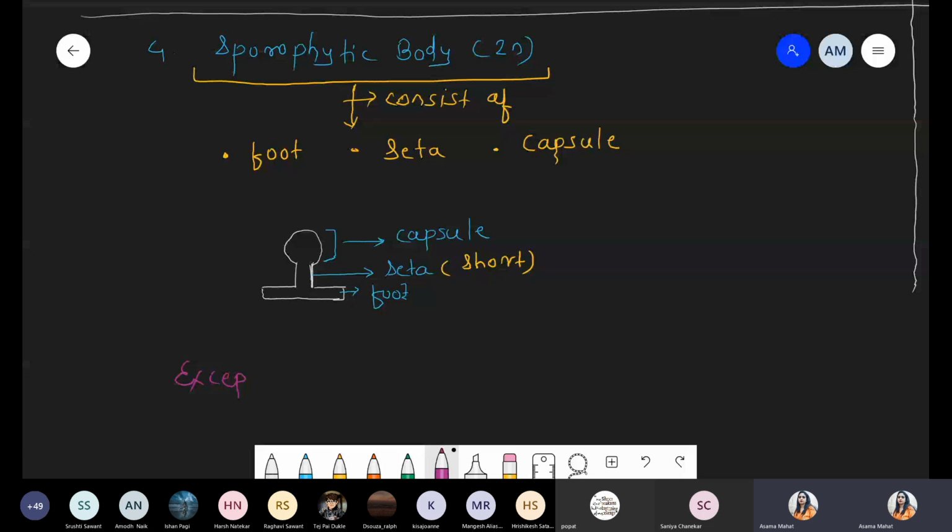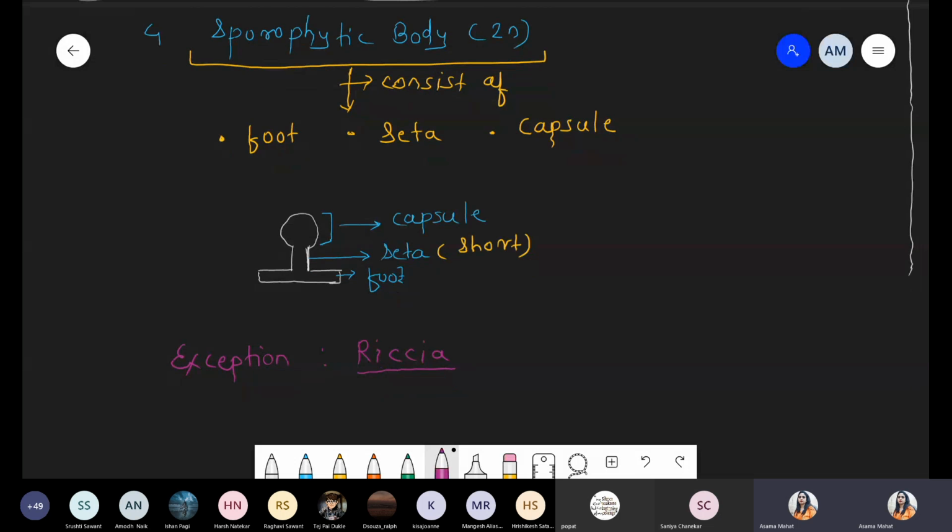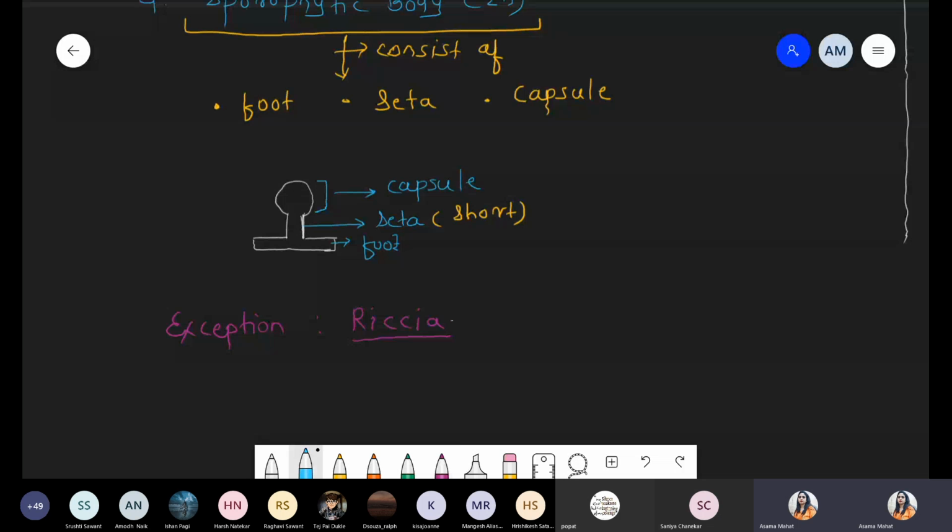In case of Riccia, the sporophytic body consists of only the capsule, no foot, no seta.